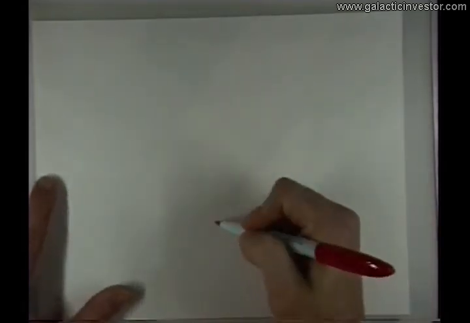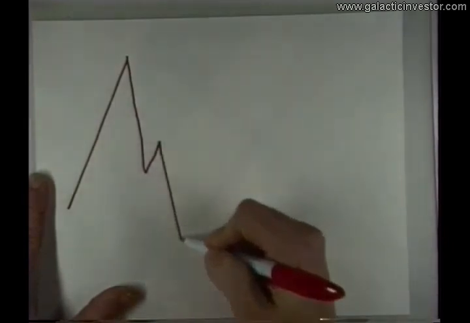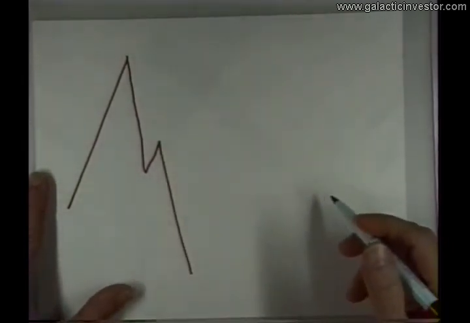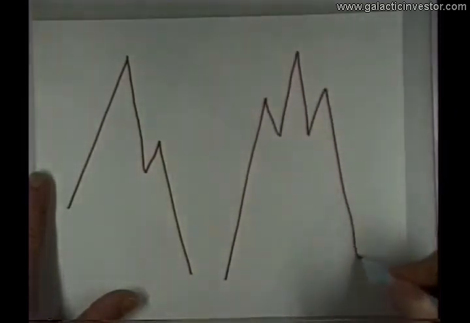It's a fairly decent looking trend. So our top forms are like this. You either have a high and you might have a second high much lower, something like that, or you might have a situation like that.